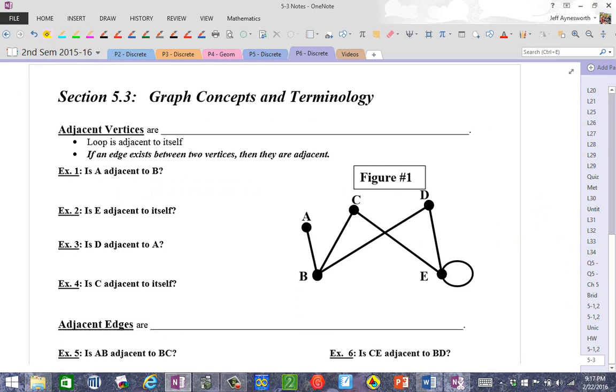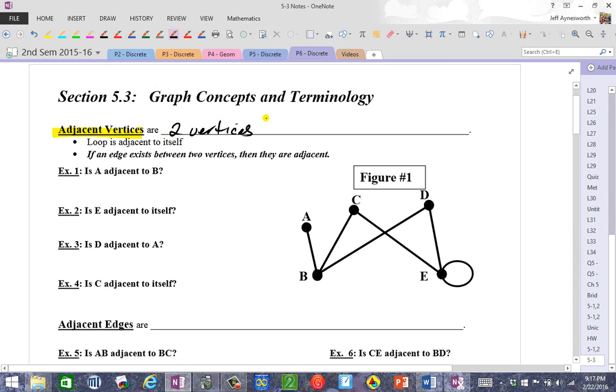Let's talk about what are called adjacent vertices here. Let me define it first, and then we'll go through a bunch of examples to exemplify it. Adjacent vertices are two vertices, or you can say nodes if you want, joined or connected by an edge.